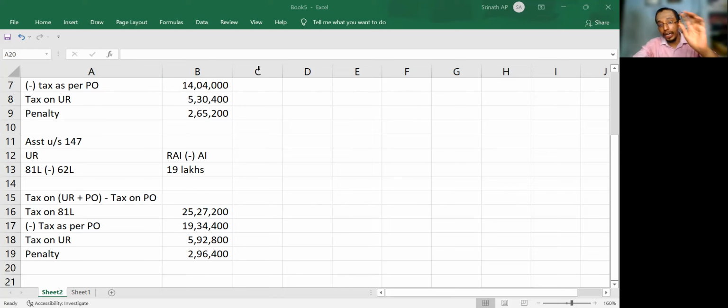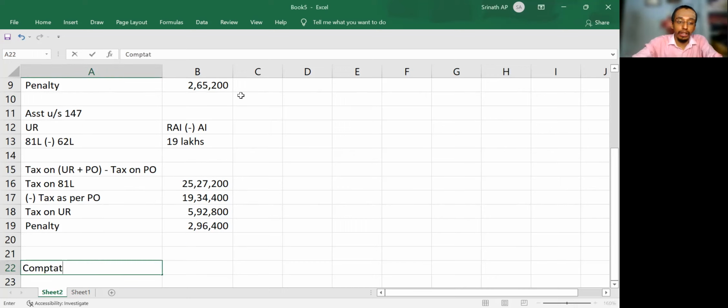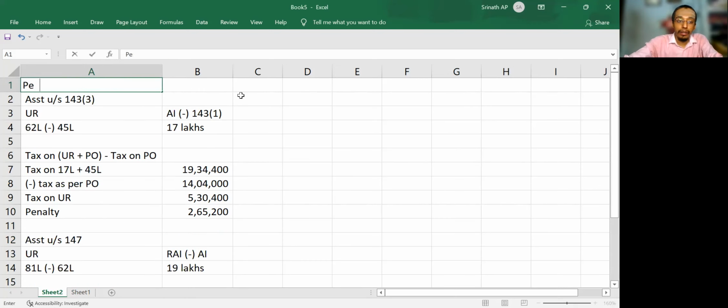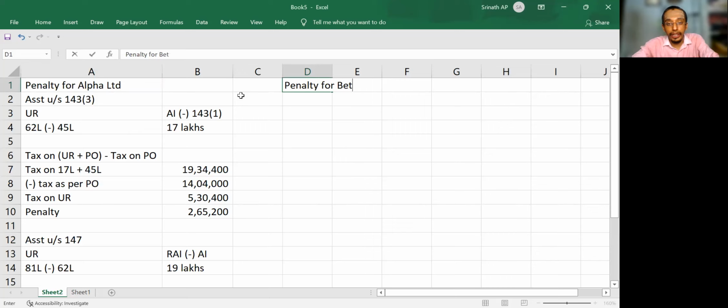Let's go ahead. Understand for beta. Beta, the turnover is 401 crores. The computation will be the penalty for beta limited.